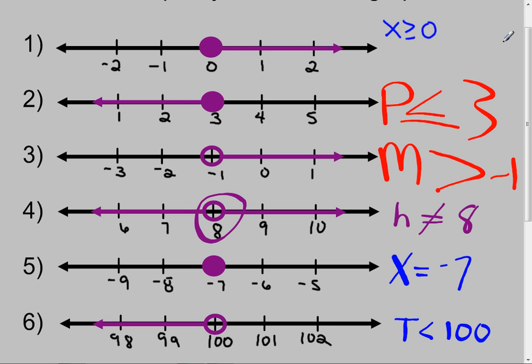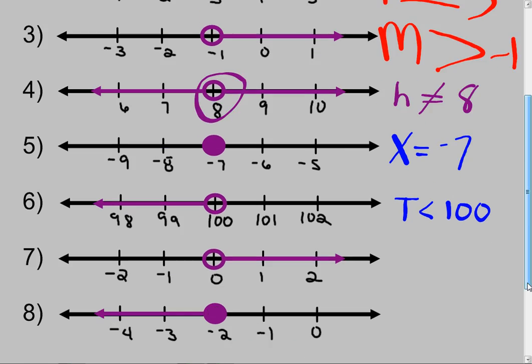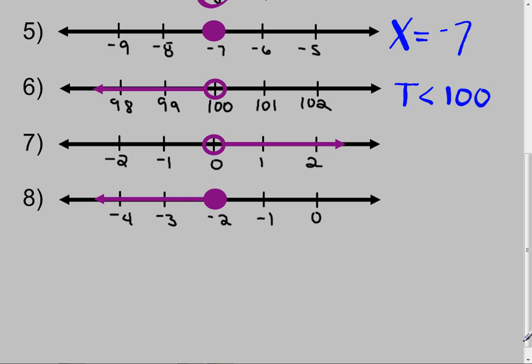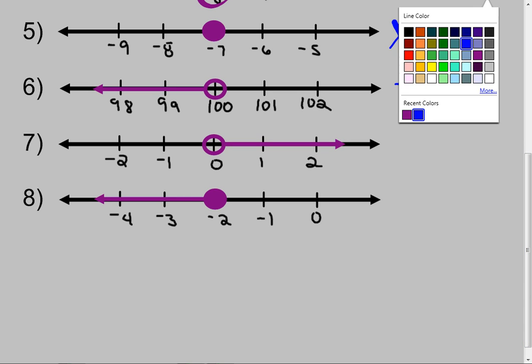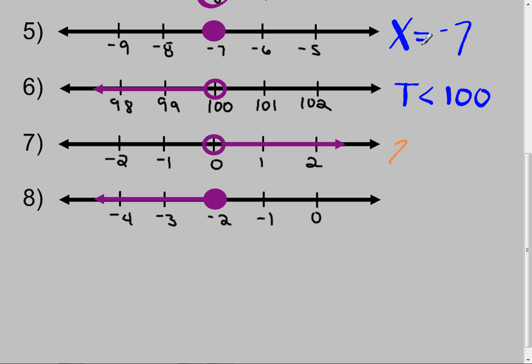Is that the last page? I think that's the last page. Okay, 6 is t is less than 100. What about this one? X is greater than 0. I did Z. I did Z too.